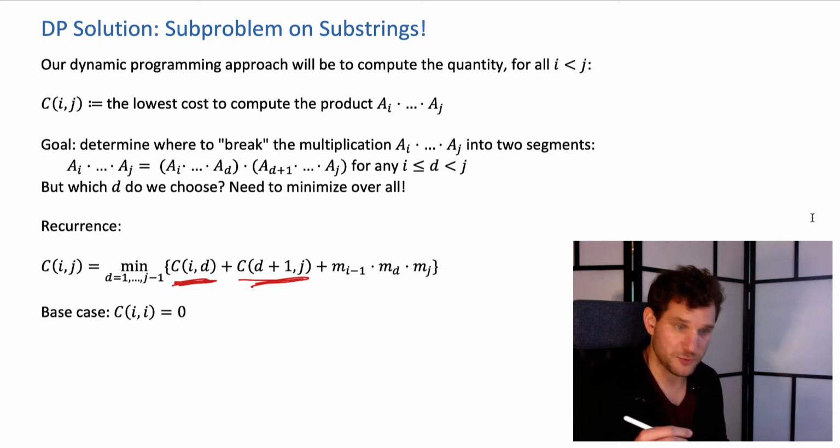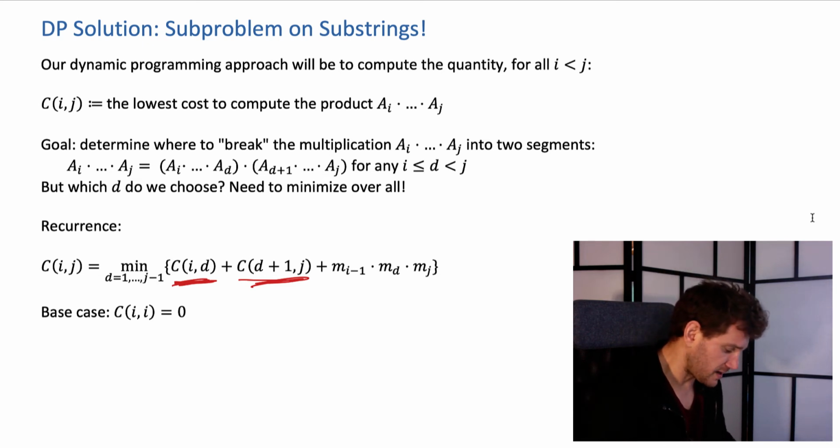We're going to get 2 matrices, of size m sub I minus 1 times m sub D, and another of size m sub D times m sub j, right? That's going to come from this recursive call and this recursive call.